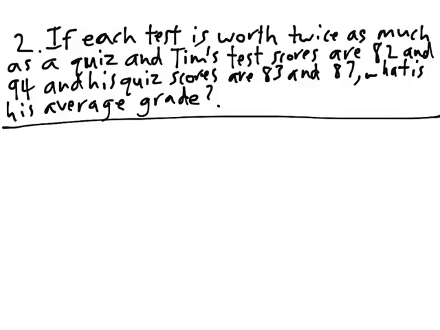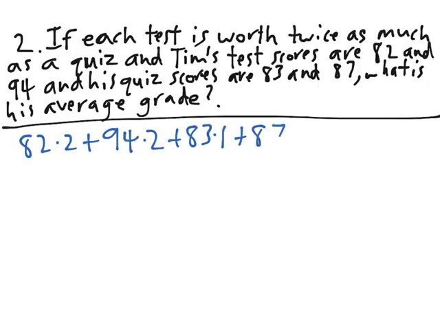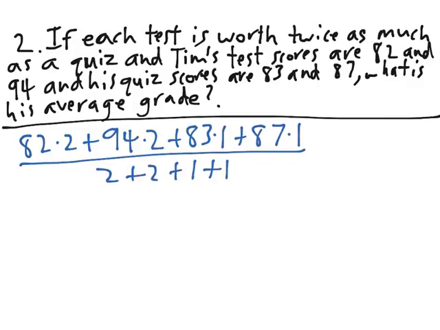Then, using the equation for weighted averages, the average must be 82 times 2 plus 94 times 2 plus 83 times 1 plus 87 times 1, all divided by 2 plus 2 plus 1 plus 1.